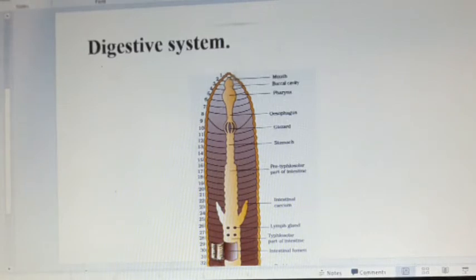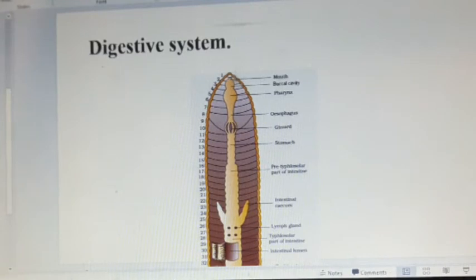A dorsal fold of the lumen epithelium called the typhlosole increases the surface area of the intestine. With more surface area, more vessels are present in it and more assimilation can be performed. The intestine ends at the anus.